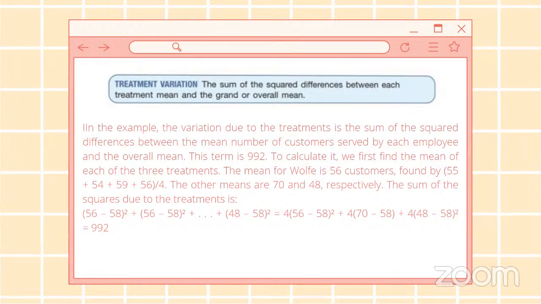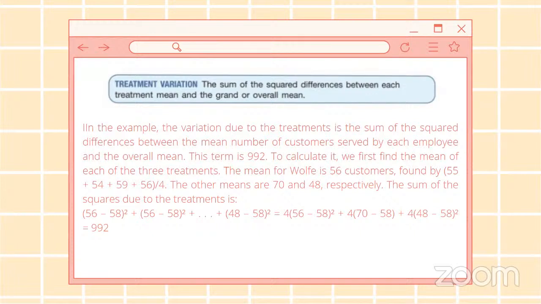This term is 992. To calculate it, we first find the mean of each of the treatments. The mean for Wolf is 56 customers, found by (55 plus 54 plus 59 plus 56) divided by 4. The other means are 70 and 48 respectively.